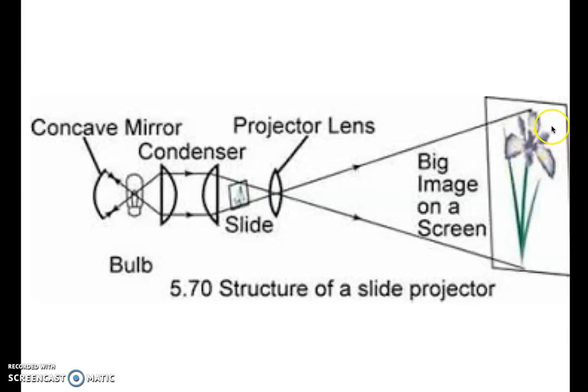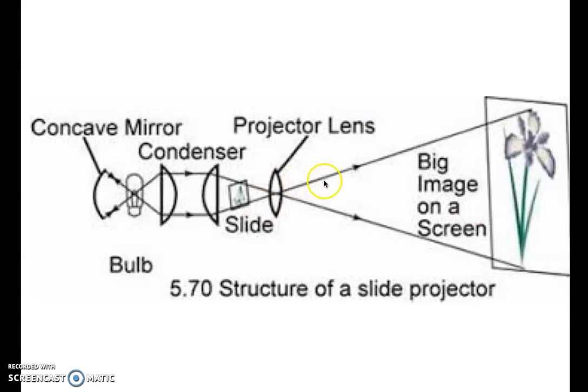I would see a dimmer but huge flower. If I took the same screen and brought it really close to the lens, if you guys have ever put your hand in front of the lens of a projector, which, if we ever go back to school, I will show you what it does.